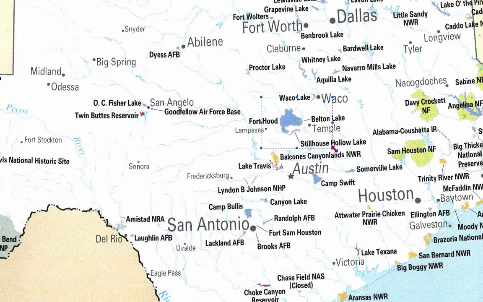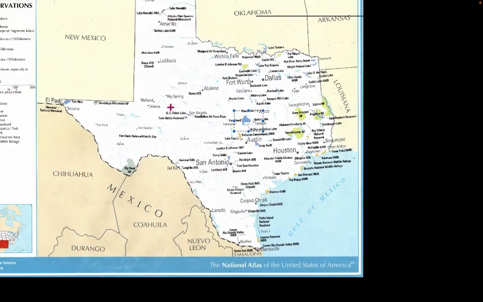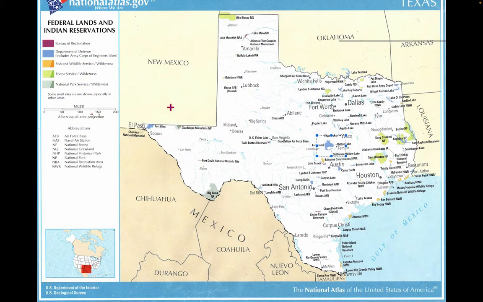So the governor requires getting paid by the people of Texas, not the federal government. So the Republic of Texas is dependent on the people.